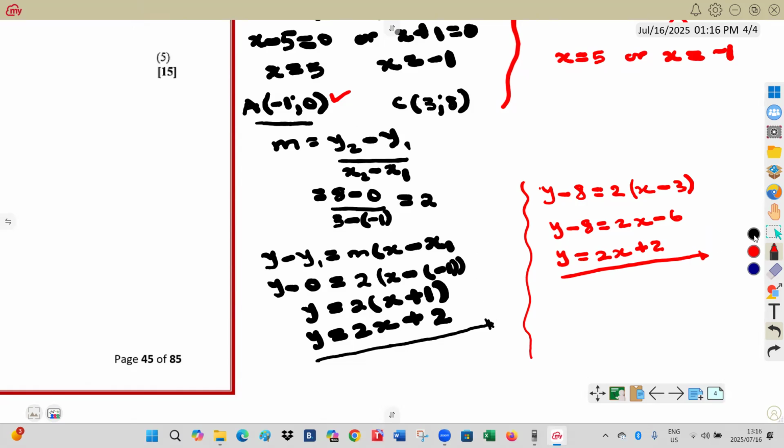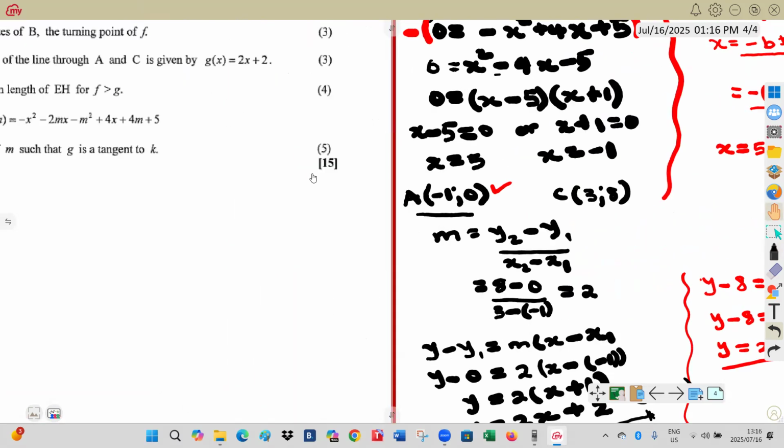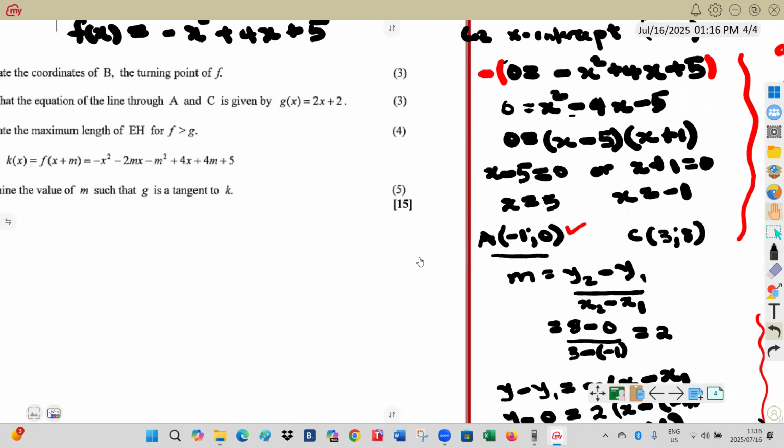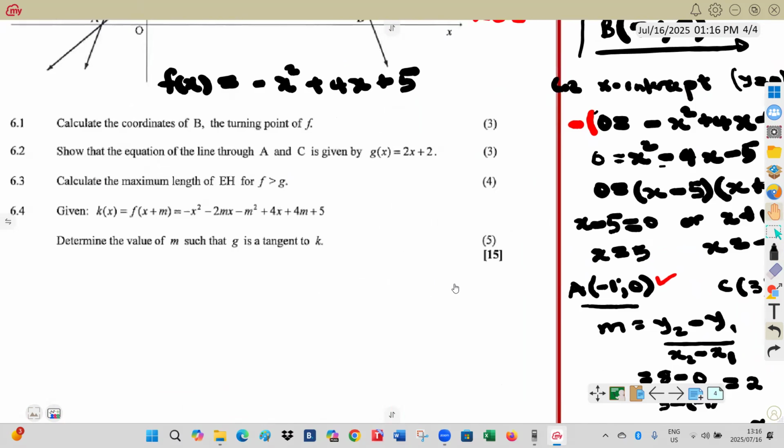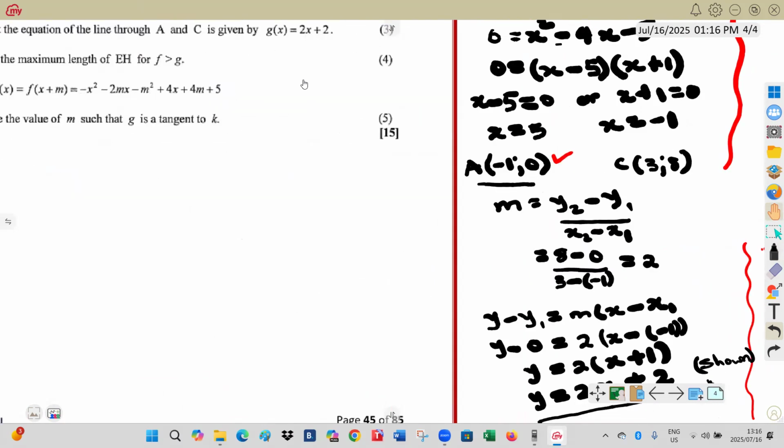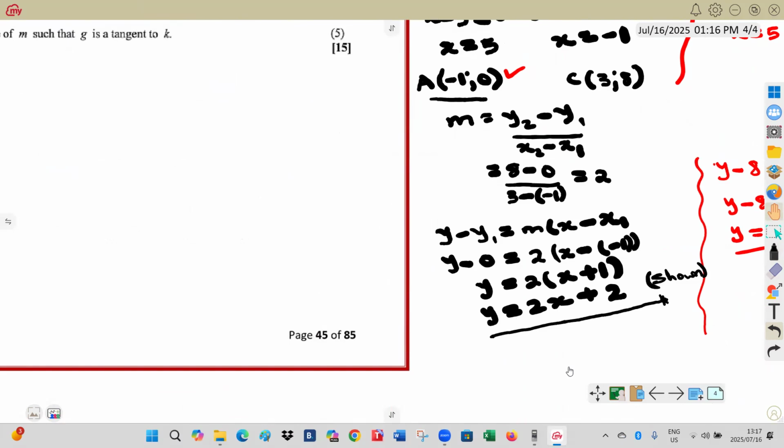Then it's shown, because they said show that g(x) is equal to that. So remember to write your final answer in the format that they want.